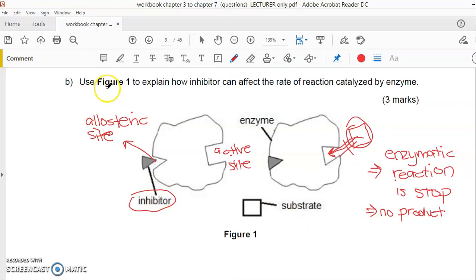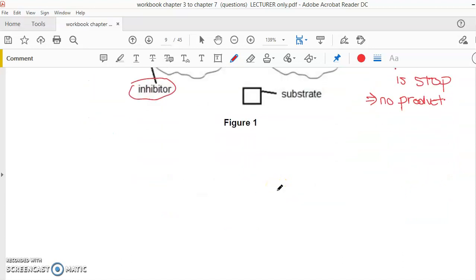Alright, so figure 1: explain how the inhibitor can affect the rate of reaction catalyzed by the enzyme. Okay, so how do you explain it using this figure 1? Alright, so we can say this is a non-competitive inhibitor.